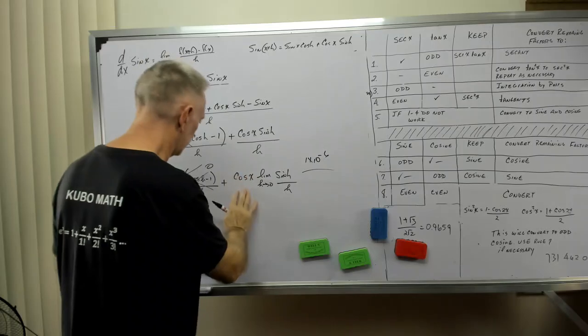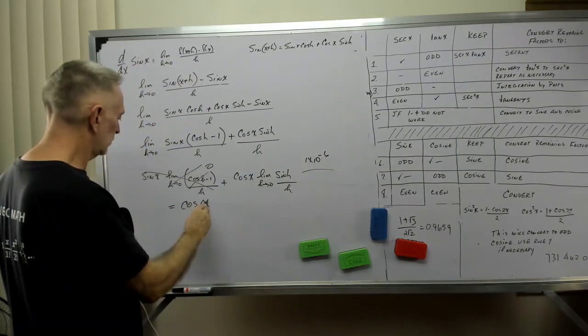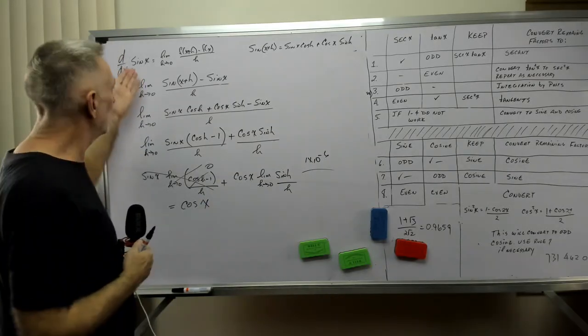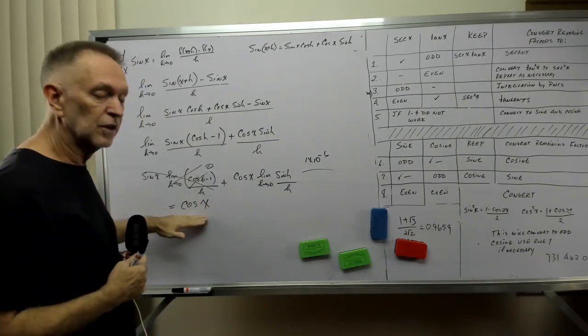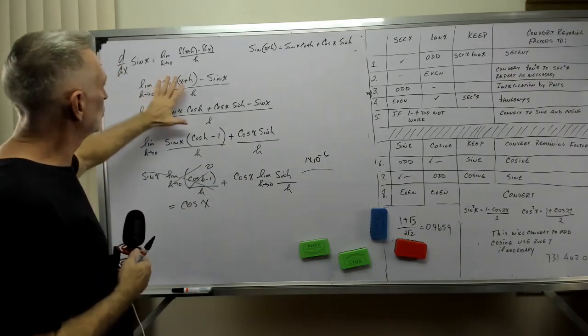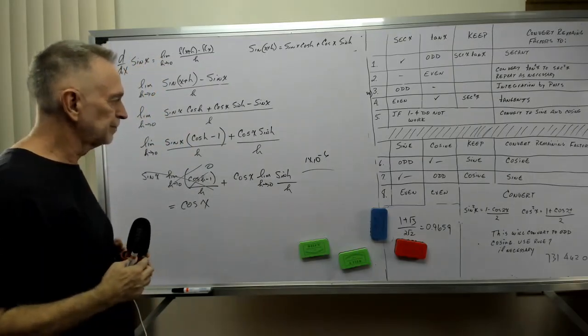One times cosine x equals cosine x, which is what we should have ended up with because the derivative of sine x is cosine x. And that is how you would use the limit formula to take a derivative.